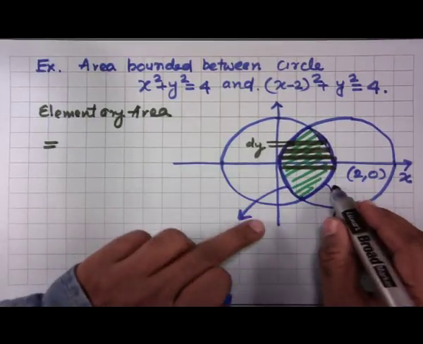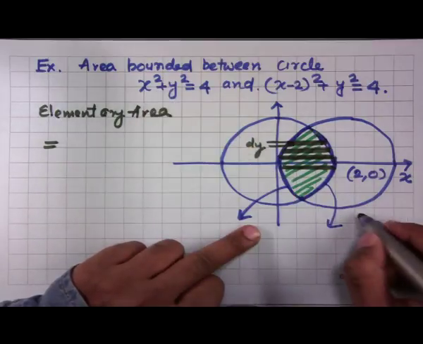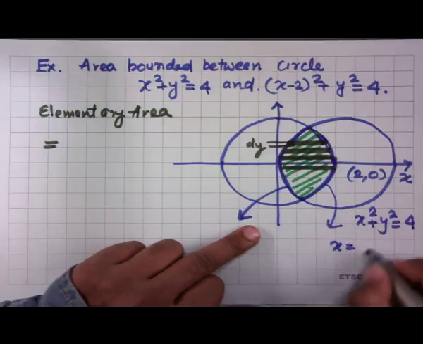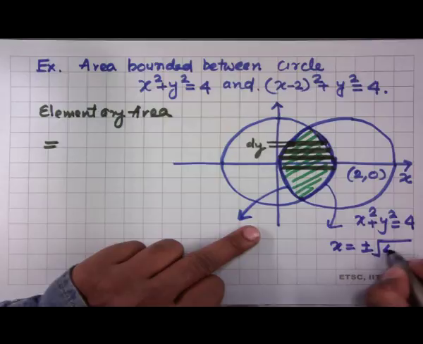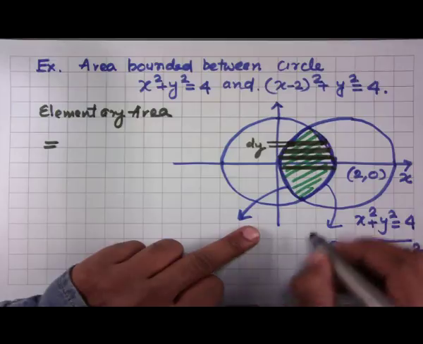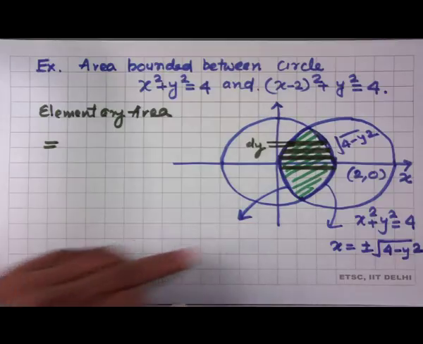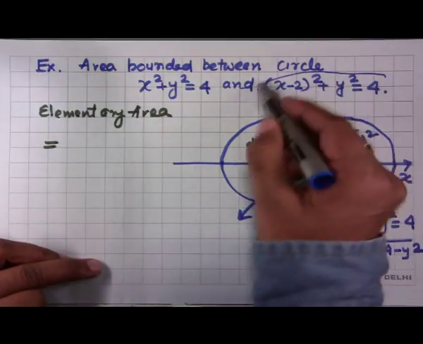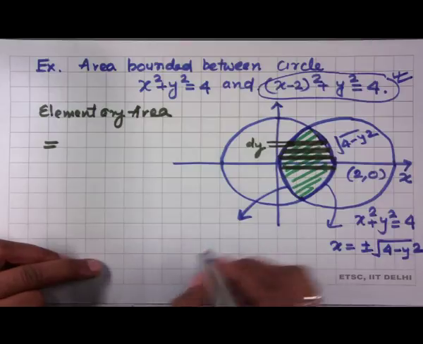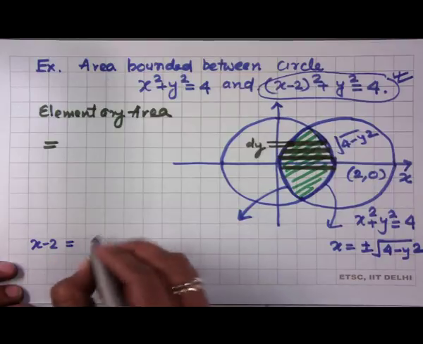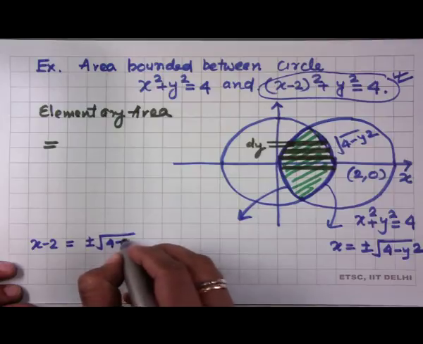So, the equation of this portion, if you solve x square plus y square equals to 4, you get x as plus minus under root 4 minus y square. Similarly, you solve this equation for x, you get x minus 2 is plus minus under root 4 minus y square.